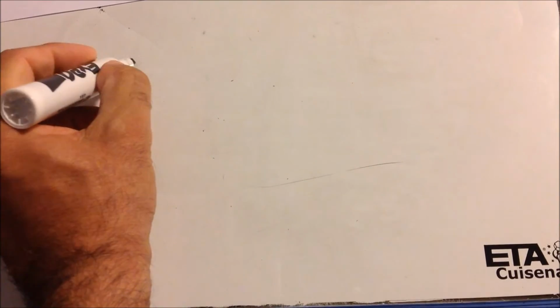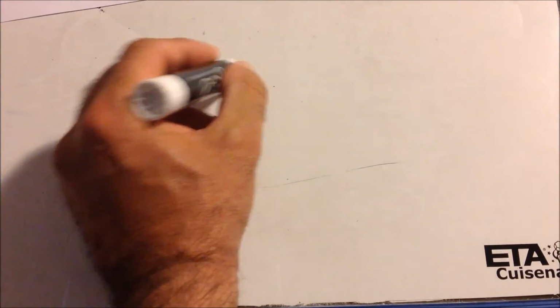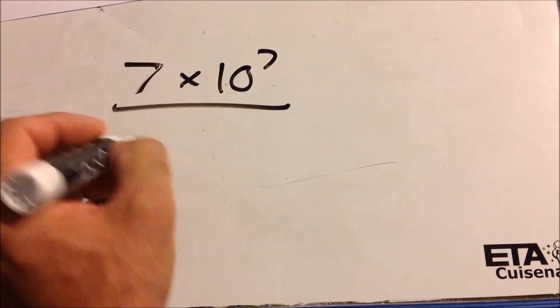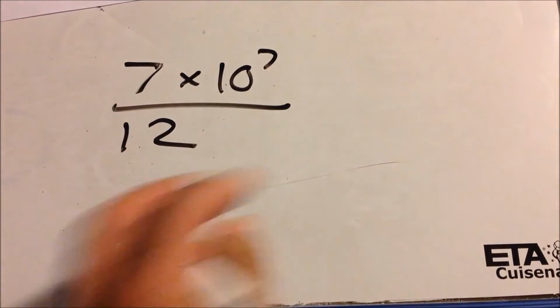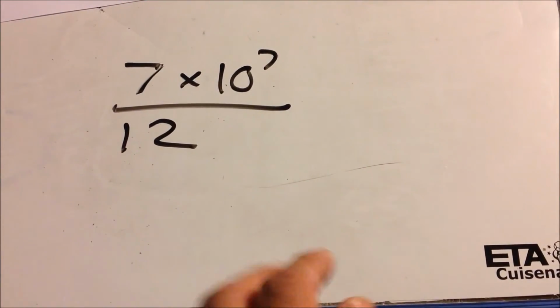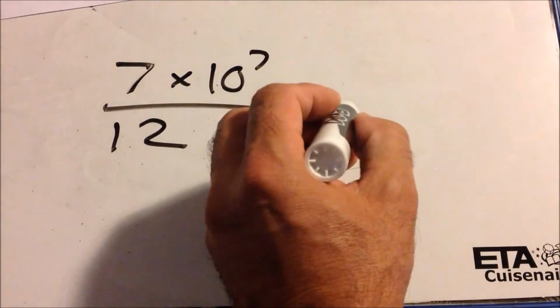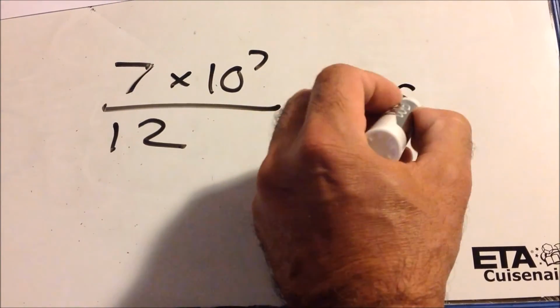Now, if you didn't do it that way, let's say you just did it like this. You did 7 times 10 to the 7th power divided by 12. You just did 12. You didn't do anything else. Well, if you did it that way, you would get 0.583.